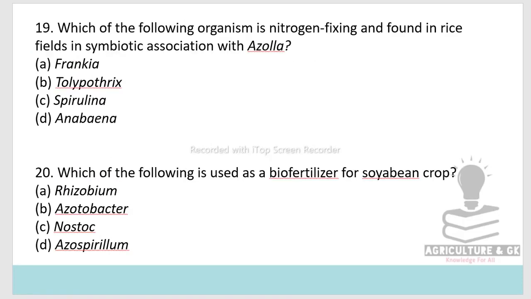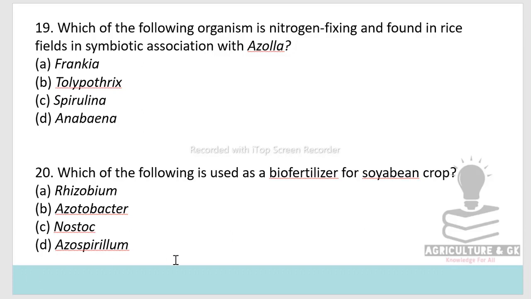Now moving next, which of the following organisms is nitrogen fixing and found in rice fields in symbiotic association with Azolla? So we need to find that organism which is used in nitrogen fixing in rice fields, and it is found in a symbiotic association with Azolla.